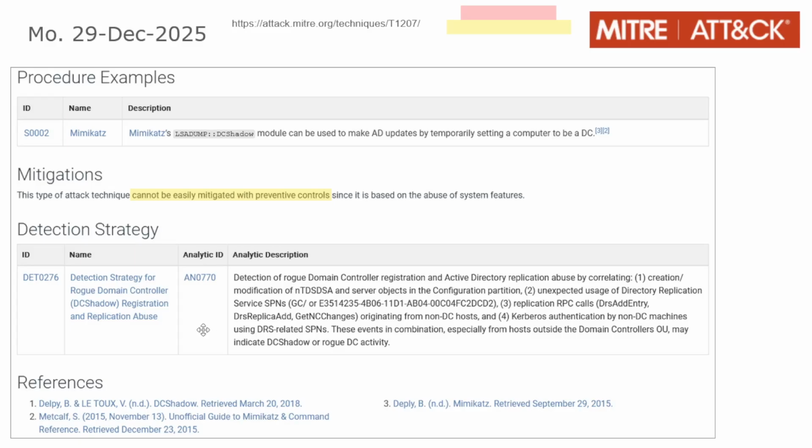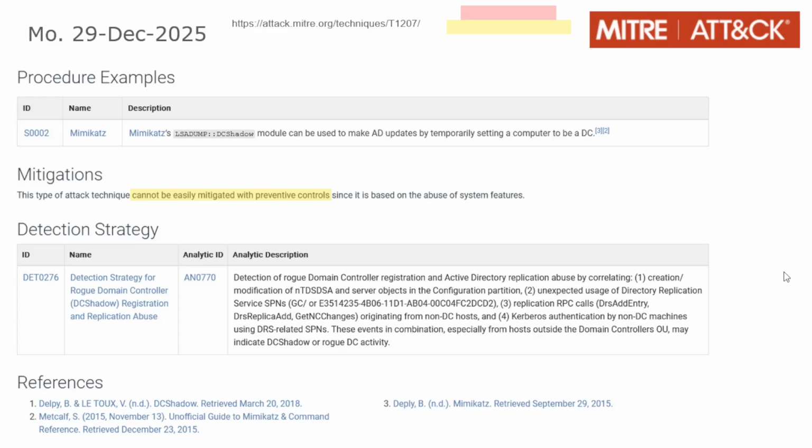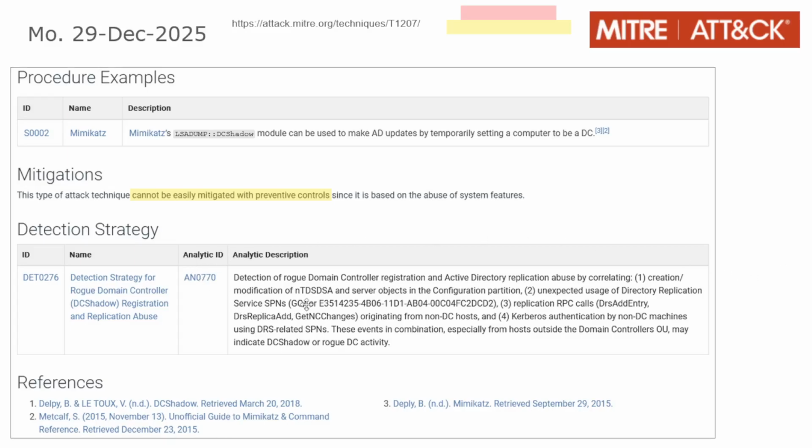Detection of rogue domain controller registration and Active Directory replication abuse by correlating creation of a DSA server, unexpected usage of directory replication, replication RPC calls. What is RPC? Remote procedure something, right? I don't know what it is, but it's some remote administrator activity. And then, Kerberos authentication by non-DC machines. And that's it. Okay.